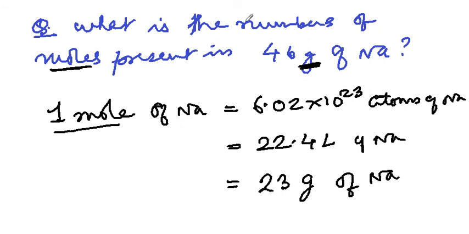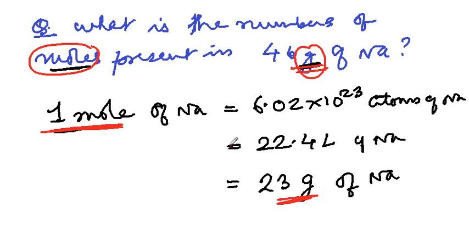Now in this particular question they are trying to relate the mole with the mass, so we are going to only keep the mole and the mass. We are not going to use the other two relationships. I hope it's clear with you all.